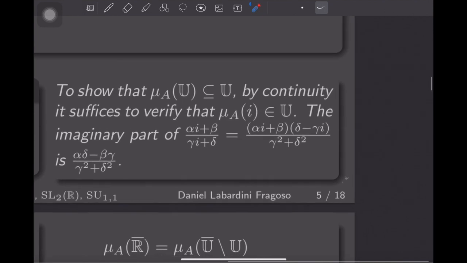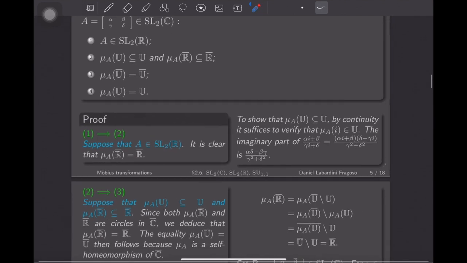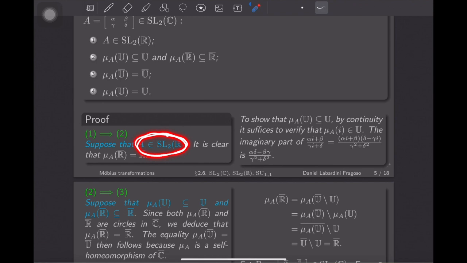But then when one does this computation, one takes mu A of i, and then one does the usual trick of dividing by this complex number: one multiplies and divides by its conjugate. Remember that the entries are real.